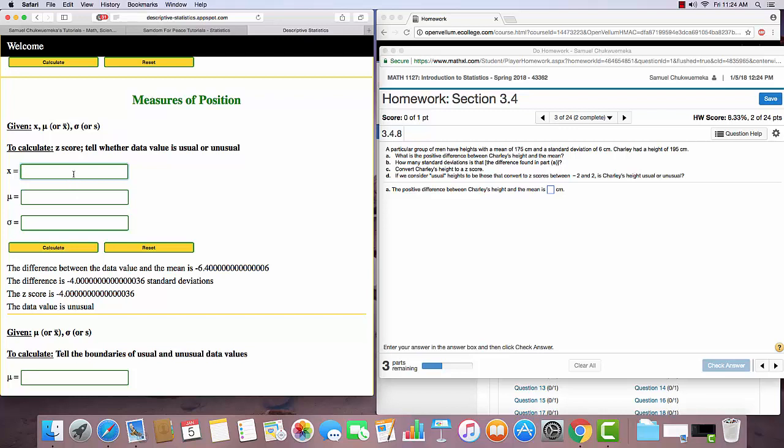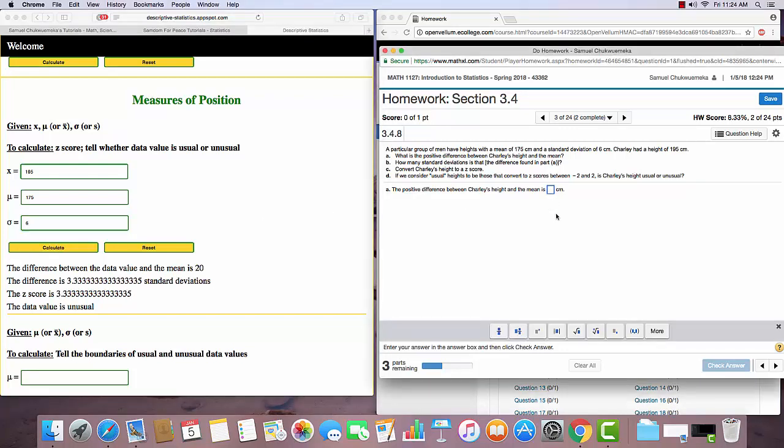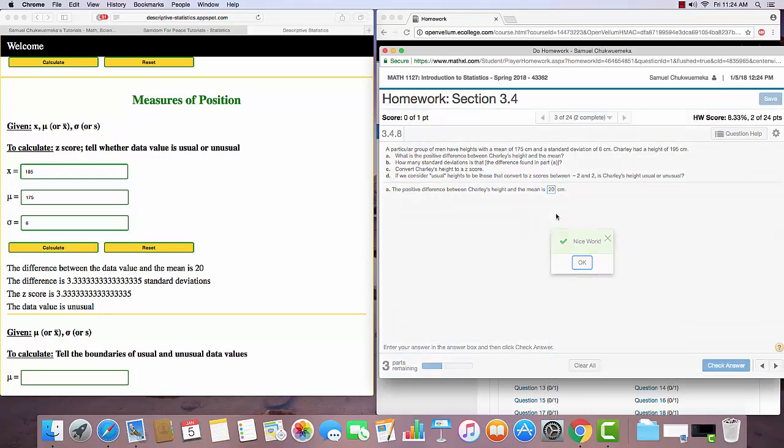In this case, the data value is 195. The mean is 175. The standard deviation is 6. And then you press calculate. So the positive difference is 20 centimeters.